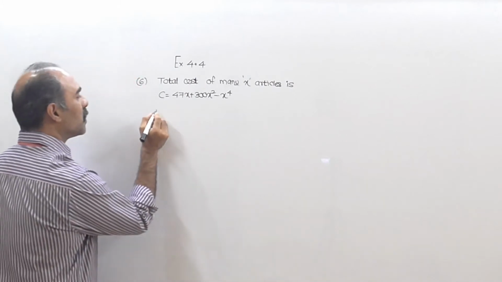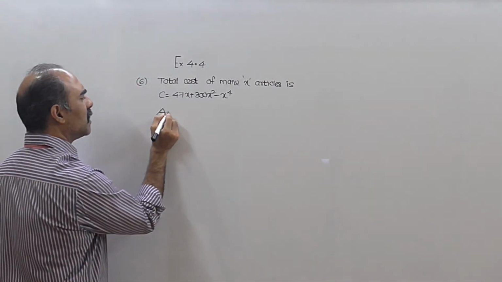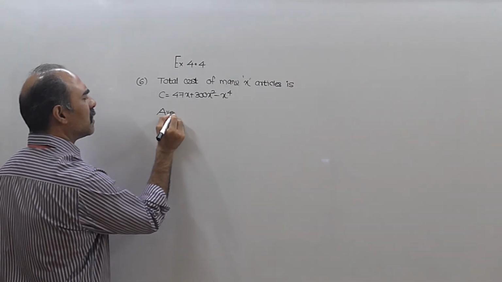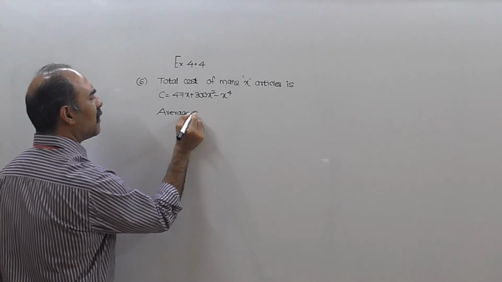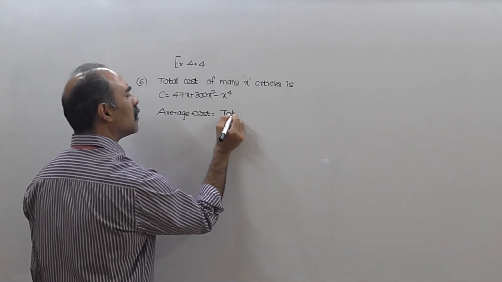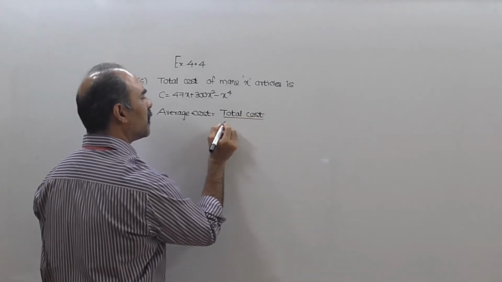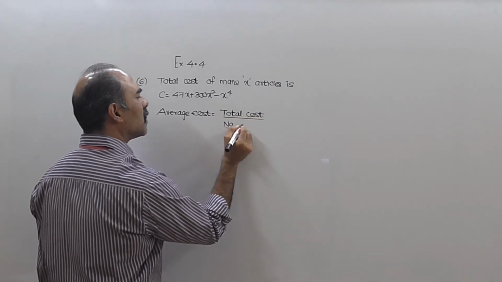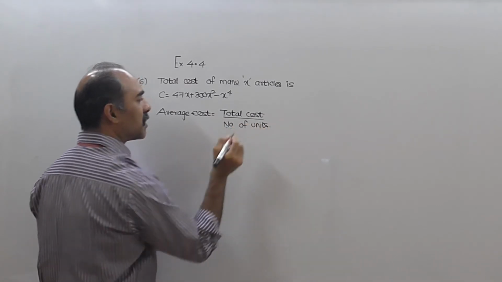So what we can do is, average cost equal to the total cost divided by the number of units.